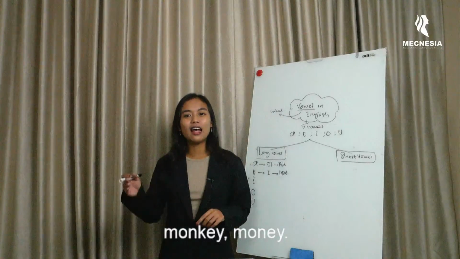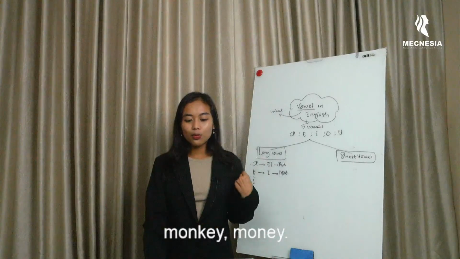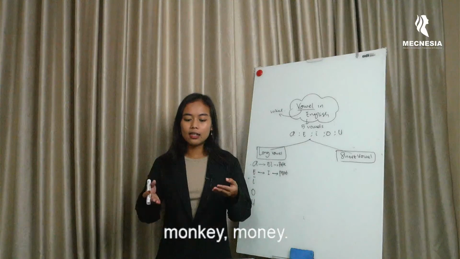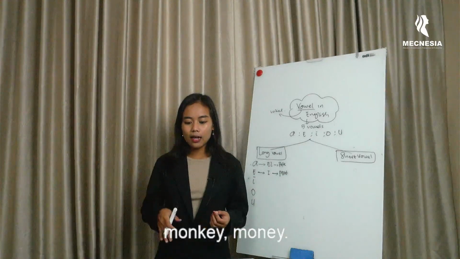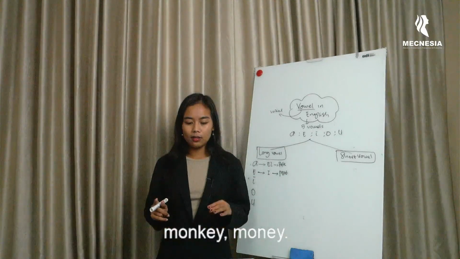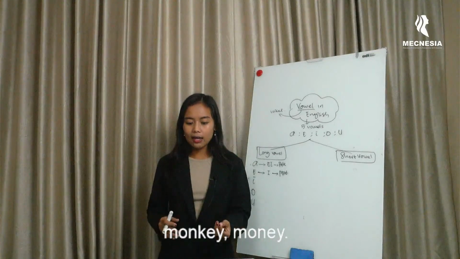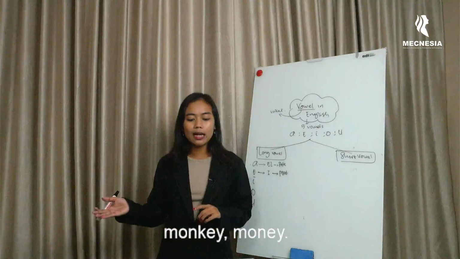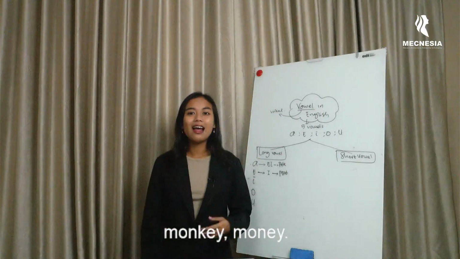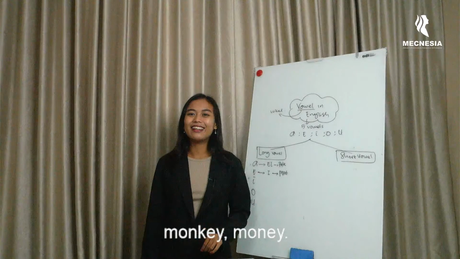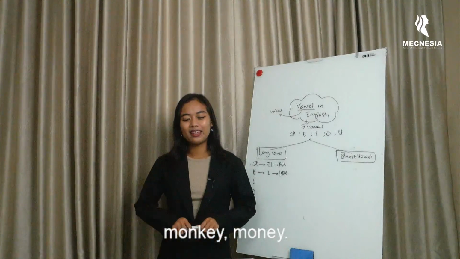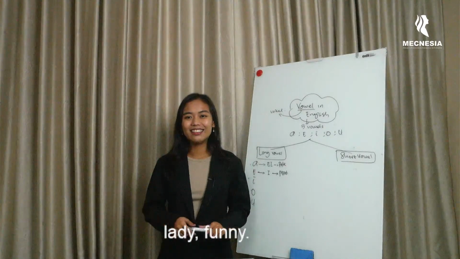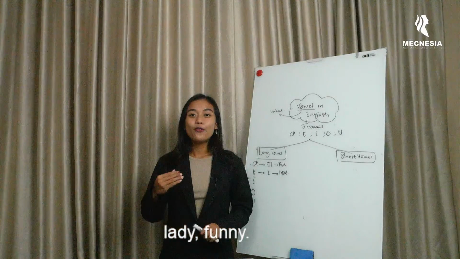The next rule is the E one. Aturan yang selanjutnya ada di huruf E. It is when there is Y in the end of the word that has more than one syllable. Jadi ketika ada huruf Y di akhir kata yang memiliki lebih dari satu suku kata. For example, like in lady. Lady. And funny.